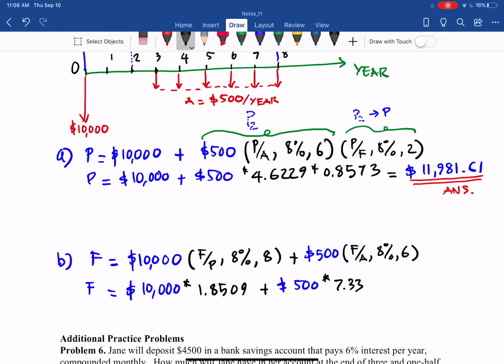Go to the table with 8%, and the future value equals 22,176.95, and that is the answer.